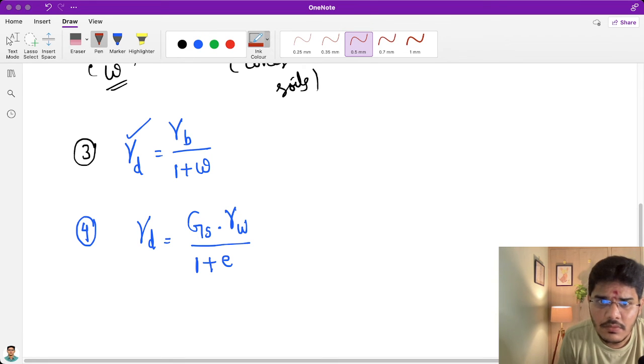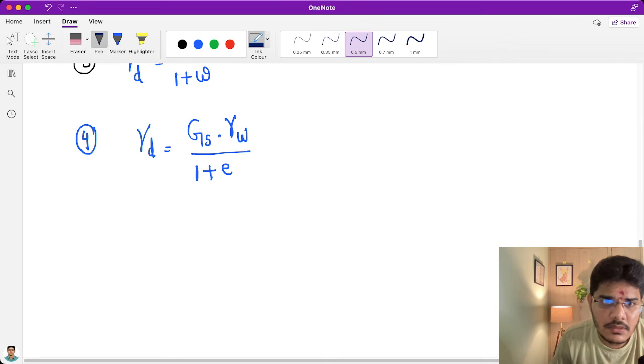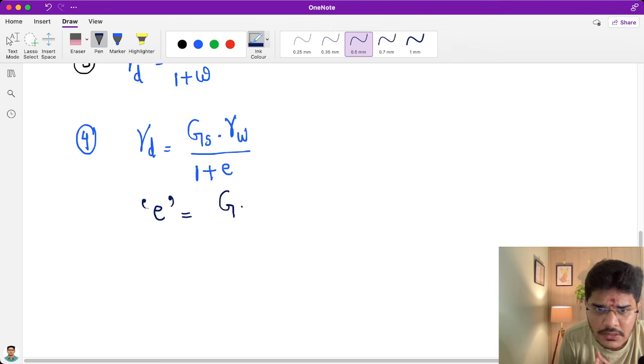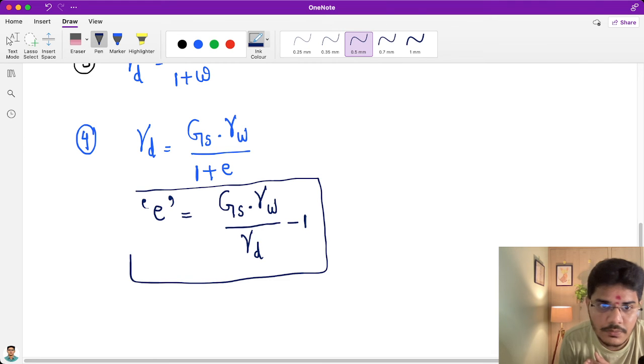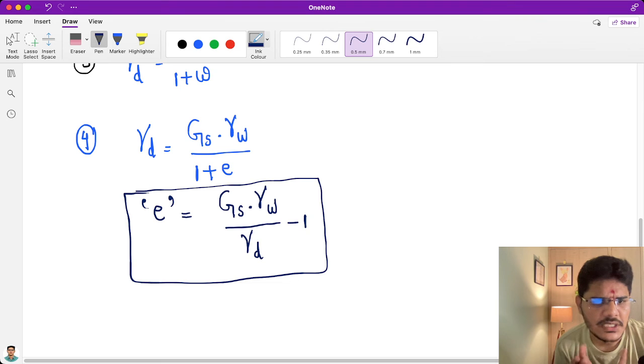From this, e can be calculated: e = (Gs gamma W / gamma D) minus 1. So we have measured the void ratio in the field by using this gamma D concept.